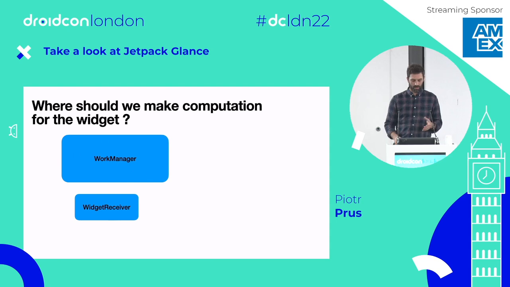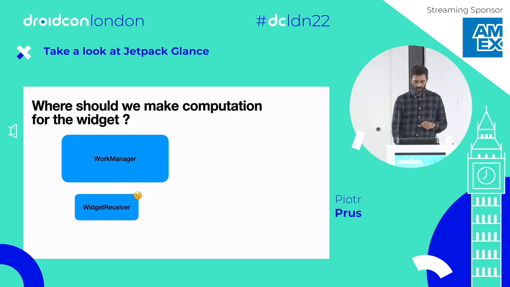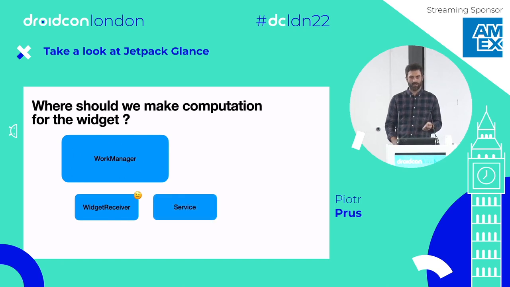There are some people that may argue for the widget receiver, but the widget provider is a broadcast receiver, and we shouldn't use a broadcast receiver to update things that may collapse or fail. We shouldn't do things that are too long to process. It's very risky. And you might also think about the service, but a service is always connected to something like an activity, and that also is not safe. So Work Manager is the best that we can do right now on Android.